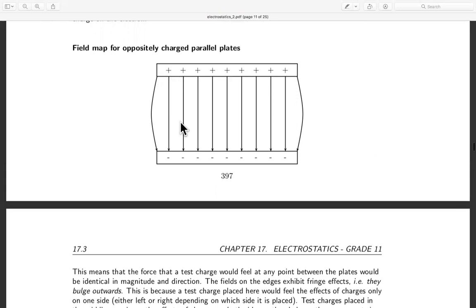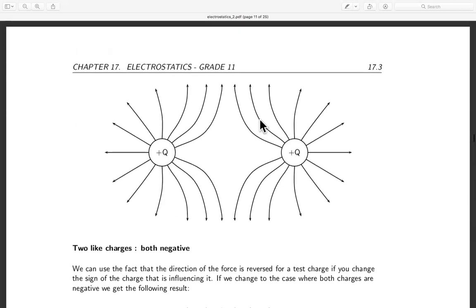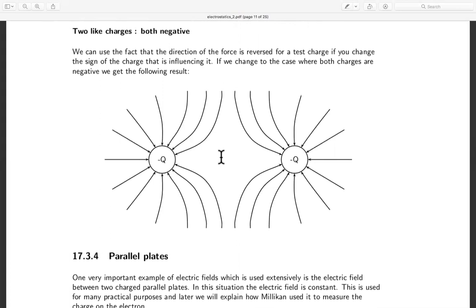The electric field goes from the positive charge into the negative charge, because from the positive charge the field lines spread out, and on the negative charge they come into the charge.